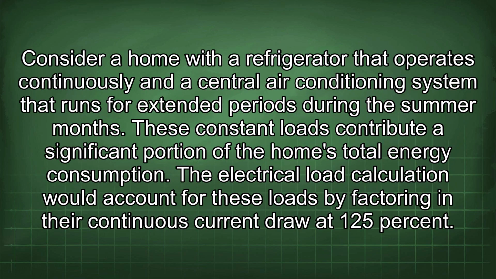Consider a home with a refrigerator that operates continuously and a central air conditioning system that runs for extended periods during the summer months. These constant loads contribute a significant portion of the home's total energy consumption. The electrical load calculation would account for these loads by factoring in their continuous current draw at 125%.